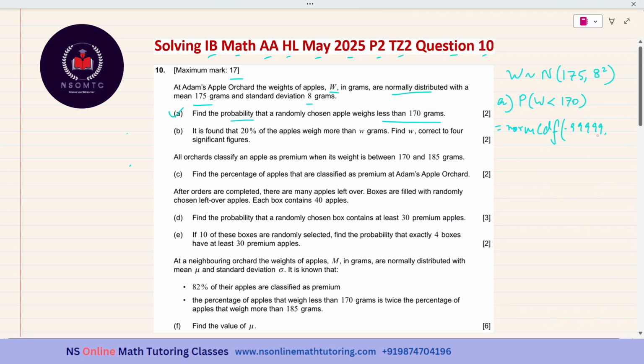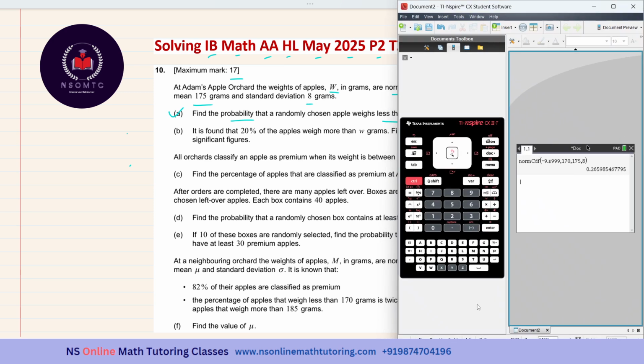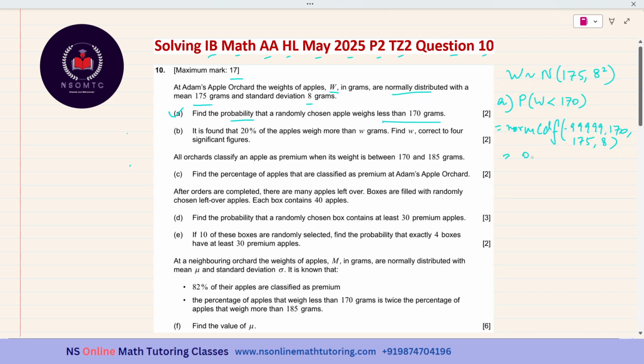Then the upper bound is 170, the mean is 175 and the standard deviation is 8. This is equal to 0.26598, and correct to 3 significant figures, it is 0.266.